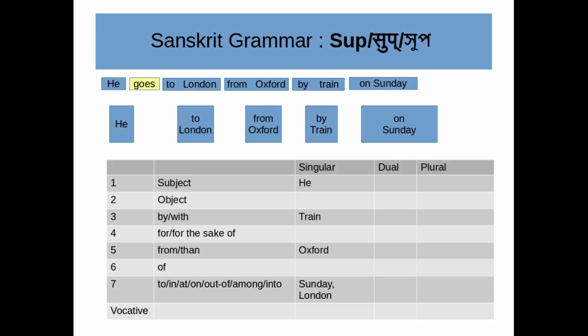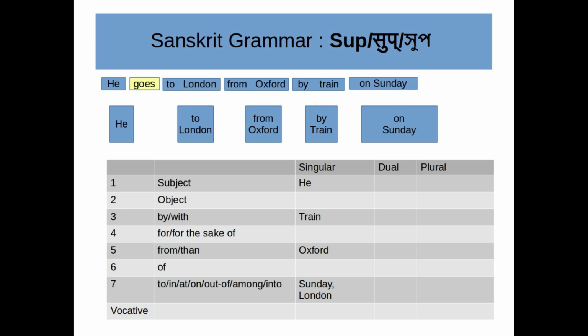We can see he is going to London, so we use the word to. He is coming from Oxford, so we use the word from. He is going by train, so we use the word by before the word train. When he is going on Sunday, we use the word on before Sunday.